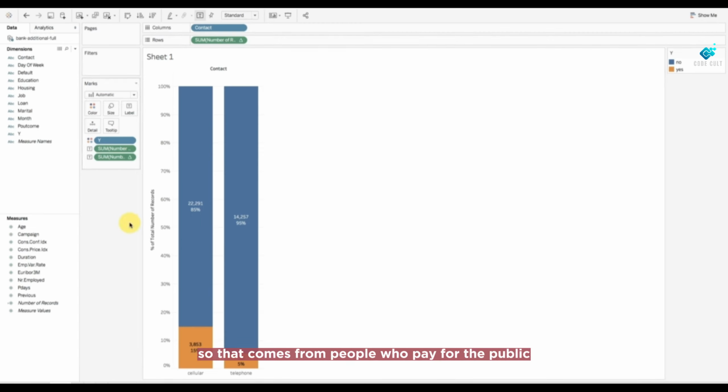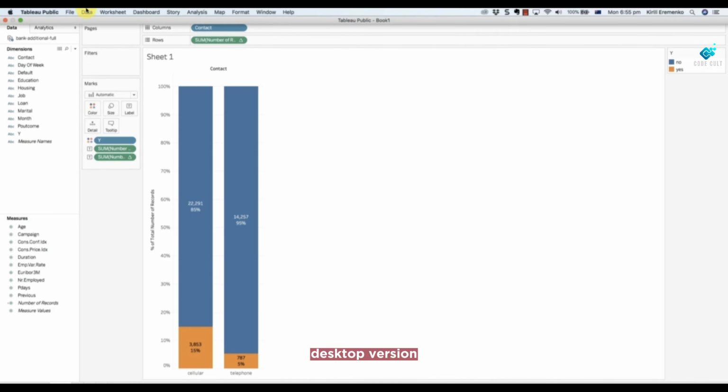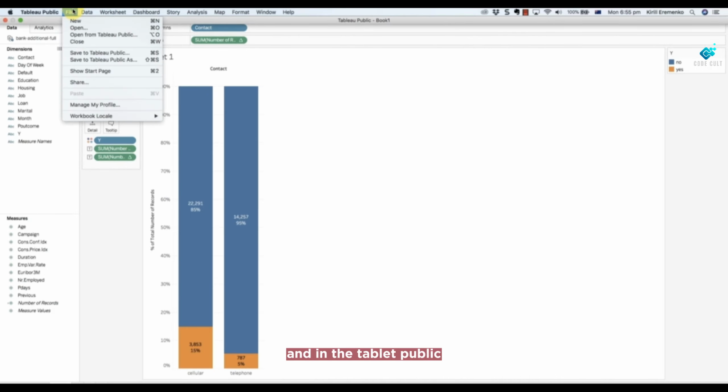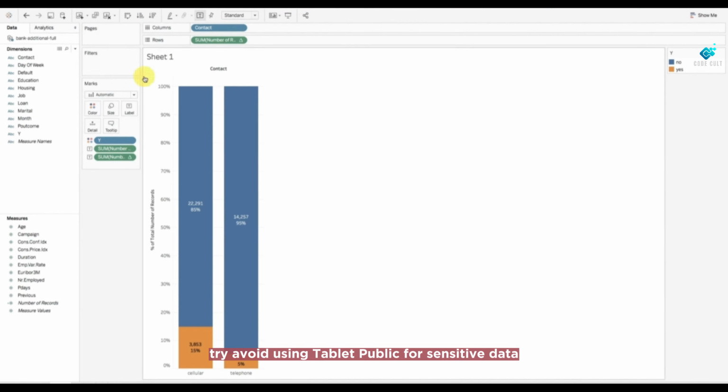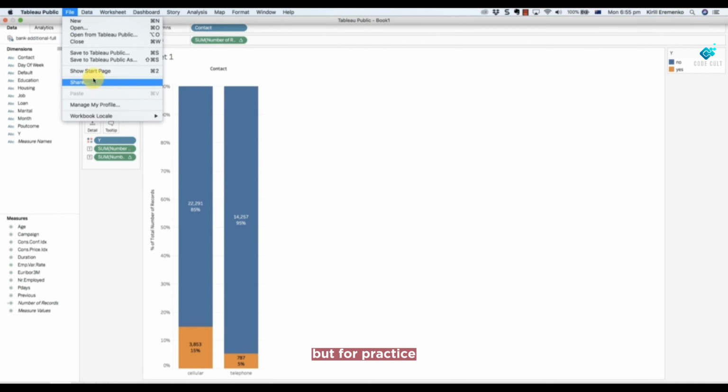That comes from people who pay for the Tableau Desktop version. In Tableau Public, what they do provide is an option to save your work publicly. That means you will save it on their server, but everybody in the world will be able to access it. So basically try to avoid using Tableau Public for sensitive data and for work-related data, but for practice, you can always use it. So there's no problem with that.